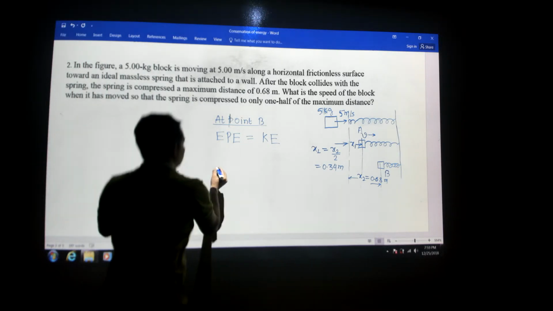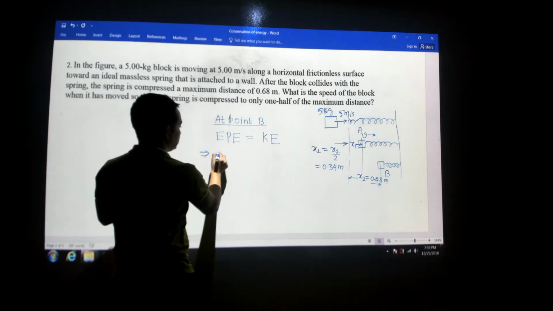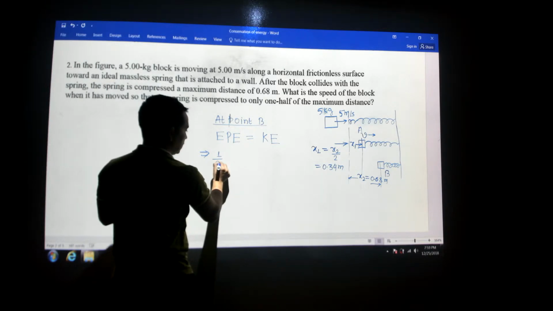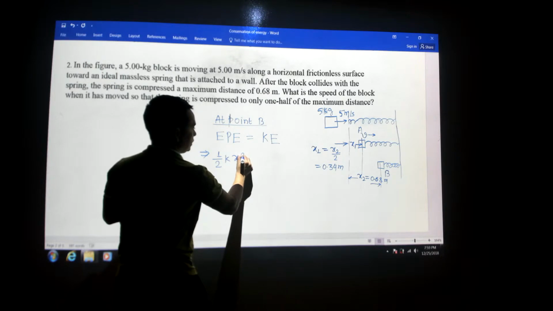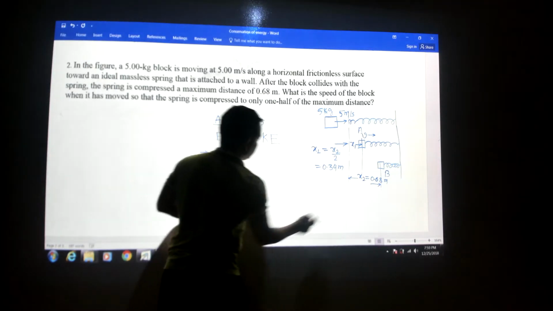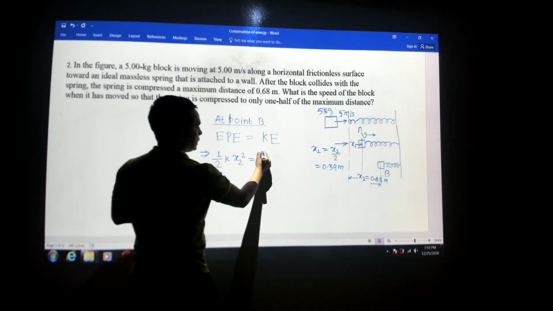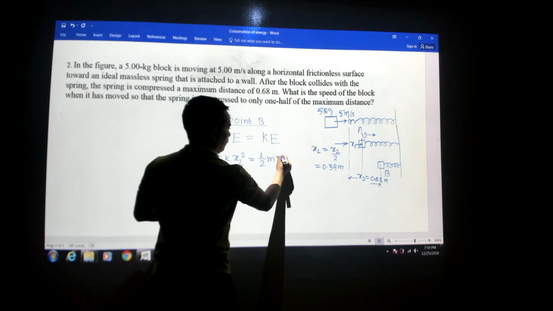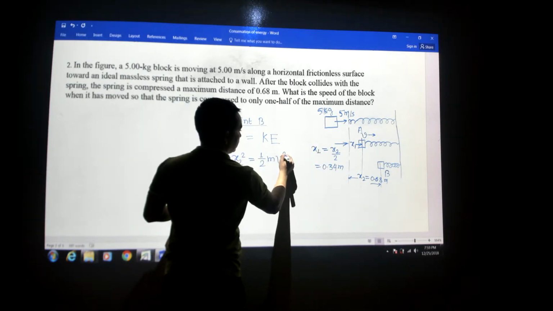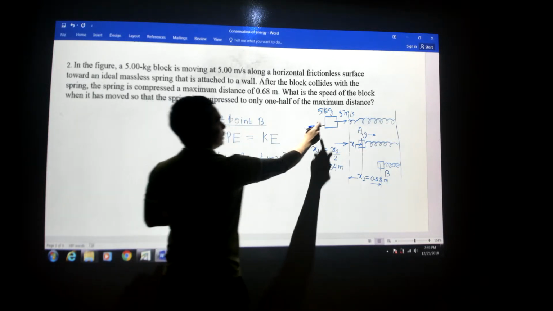If you remember, this elastic potential energy is equal to half k x2 square, simply because I'm using x2 here. And what is the kinetic energy? Half m v square. This velocity is at this point.